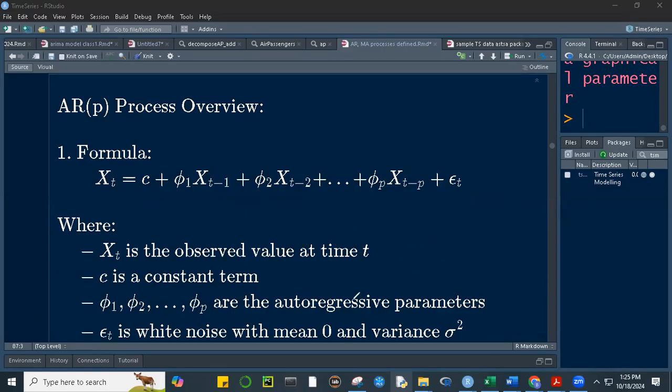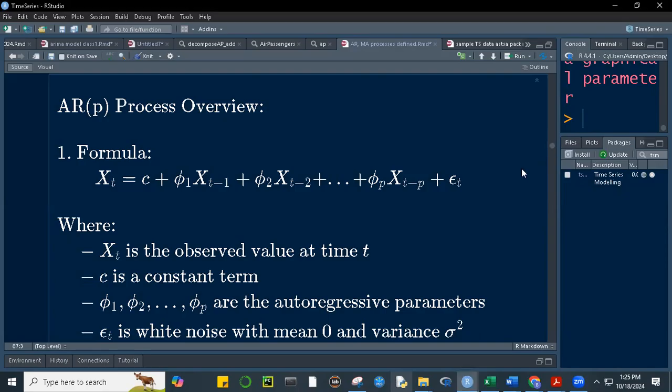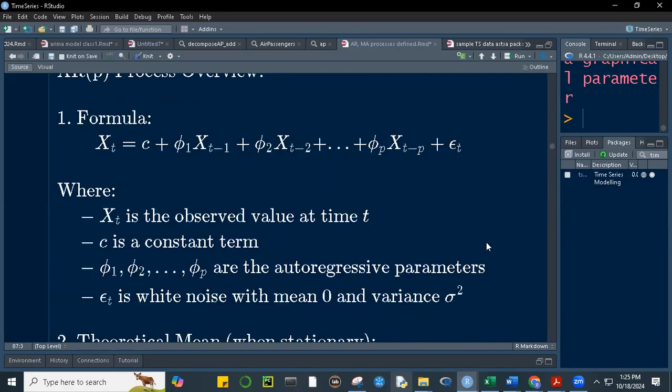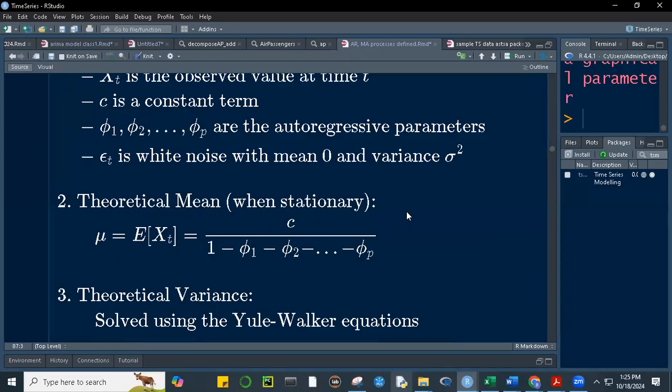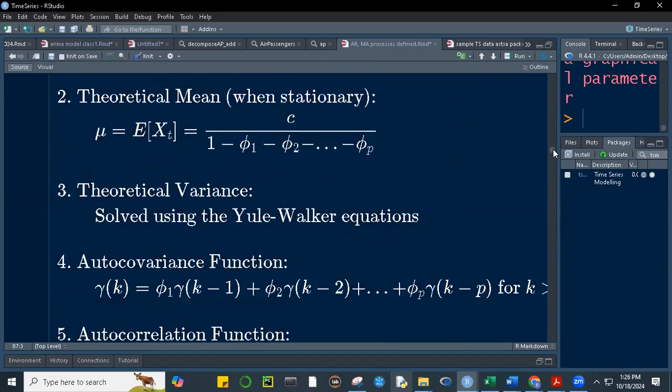Again, class, by definition, your epsilon sub t here should be white noise, with mean 0 and constant variance. The theoretical mean is c over 1 minus Phi1, etc., up to minus Phi sub p. Also, your theoretical variance is quite complicated, so I didn't show it here.